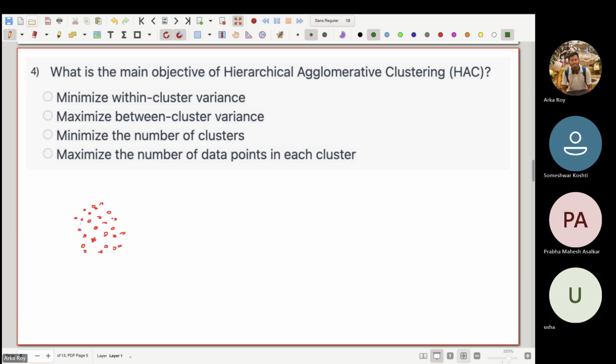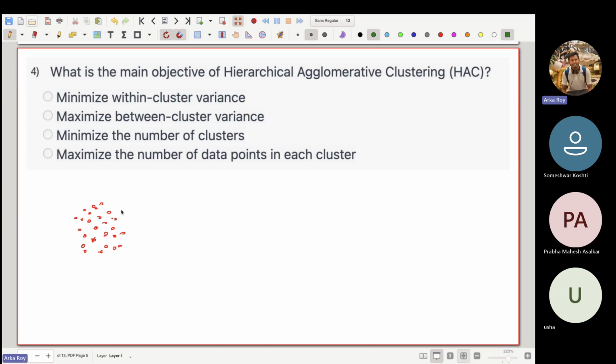In the case of the HSC method, we declare each of the points as the initial clusters. So we consider each point to be basically a cluster. Then based on some sort of similarity matrix or distance metric, we try to group the clusters.